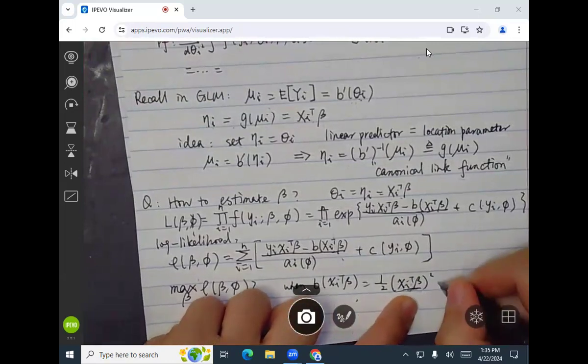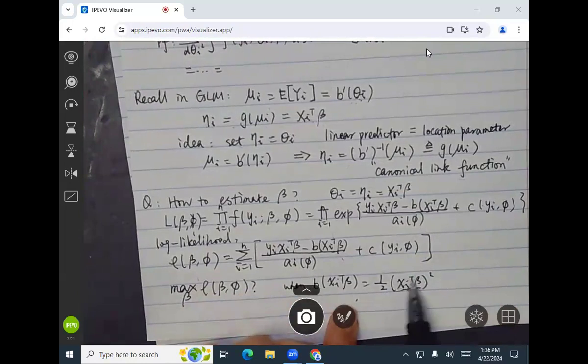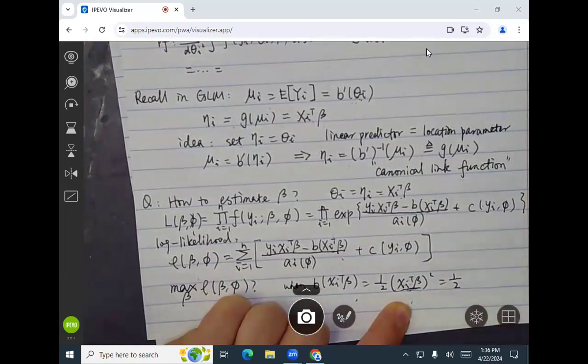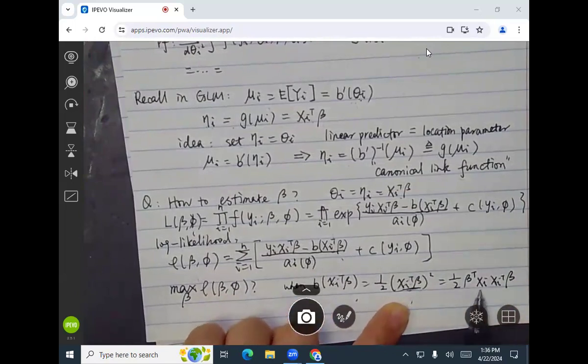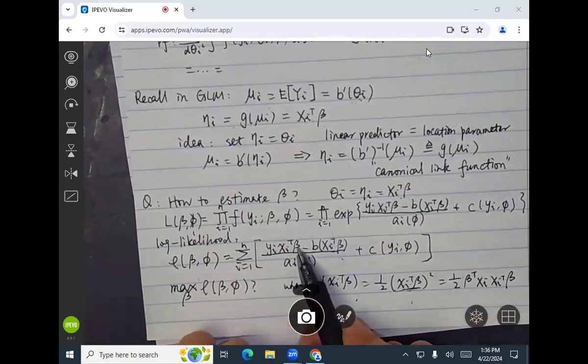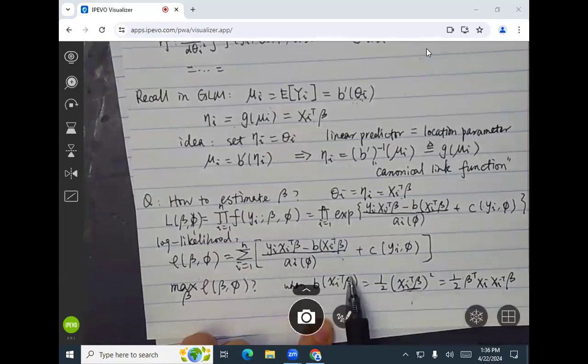So then you see that I would have a square form for beta here. So it's basically beta transpose x_i x_i transpose beta. I can open it up in this way. And this one is a square term for beta, and this is just one beta. So in this case, for this b, the optimization is easy. I just take the derivative against beta, and I'm done.